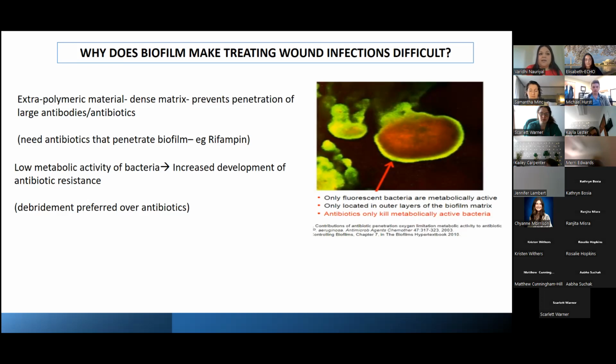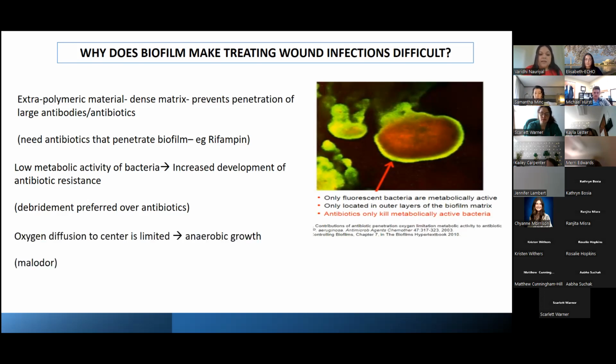So when we use antibiotics, instead of actually being effective, because of the dormant phase and the low metabolic activity, the bacteria tend to get resistant to the antibiotics. That's why in biofilm management, debridement actually plays a better role than antibiotics, because of the penetration and the pharmacological effect that the antibiotics will have on the bacteria.